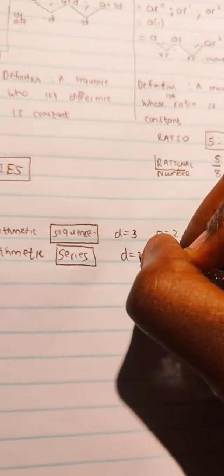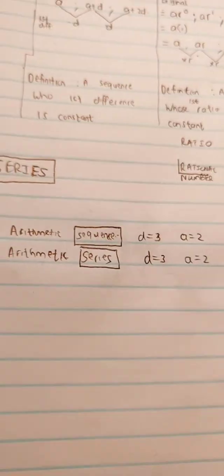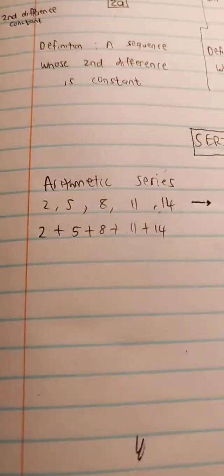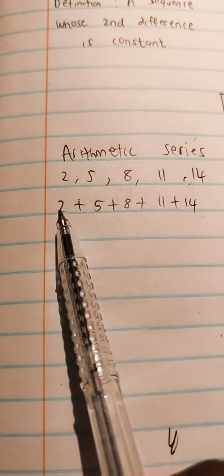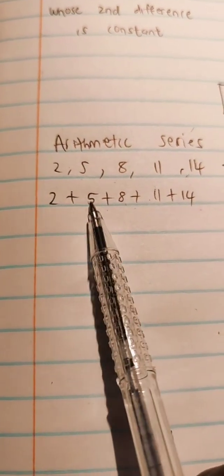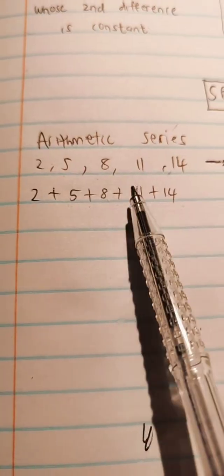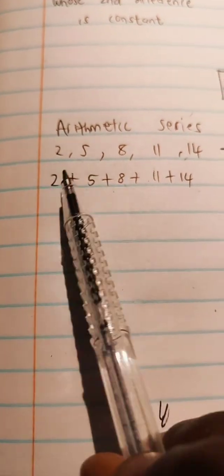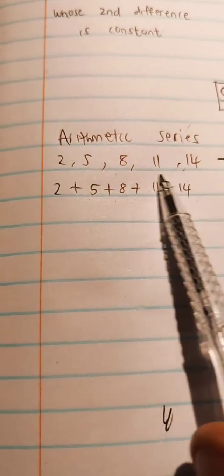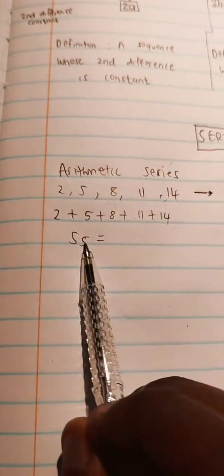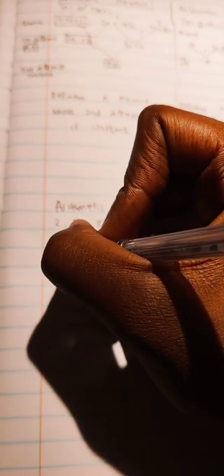The constant difference is still 3, and the first term is still 2. The only significant difference is that you can actually add 2 plus 5, which is 7, 7 plus 8, plus 11 plus 14, and you can get the sum of the first 1, 2, 3, 4, 5 terms.